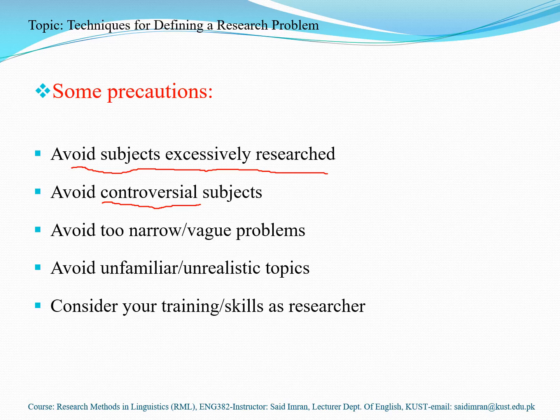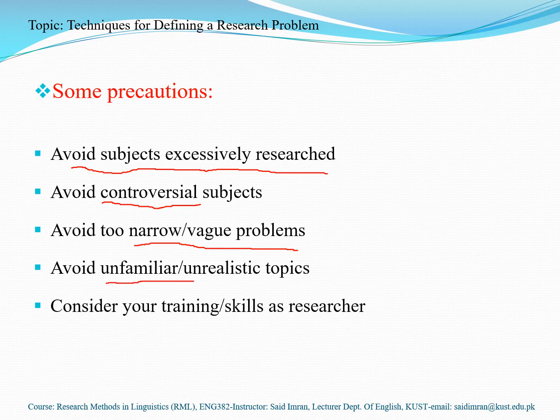The next precaution is that we should abstain from narrow or vague problems. When we are trying to identify problems, we should try to avoid problems the scope of which is narrow, or the nature is narrow or vague, not clear, because we need clarity for problems to be identified and then stated.